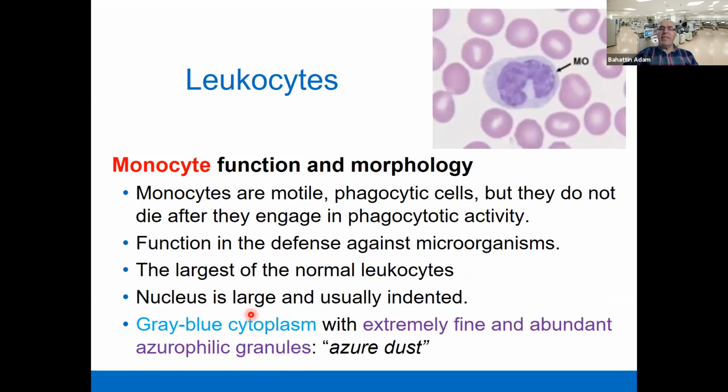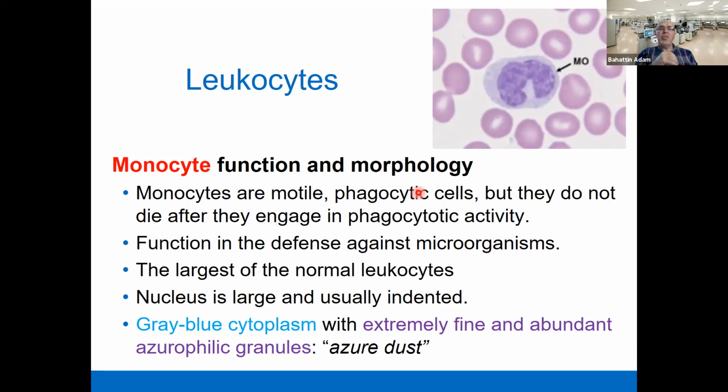Monocytes, as you see here, are motile phagocytic cells, but they do not die after they engage in phagocytic activity. After they engulf bacteria or viruses, they degrade them with enzymes.